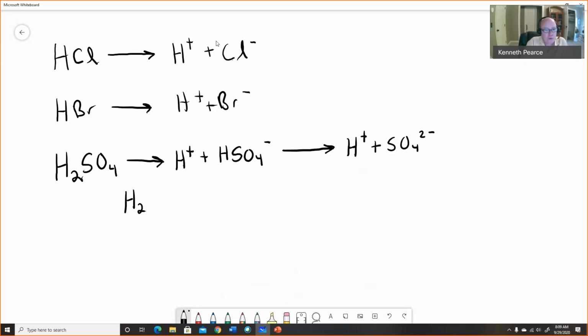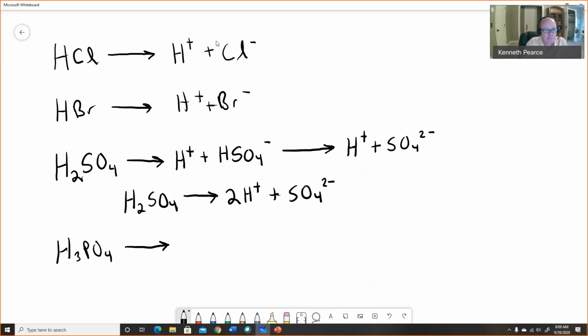Overall, many times we'll write this like this. We say H2SO4, sulfuric acid, will dissociate into 2 hydroniums or protons plus the sulfate ion. And we can also say, let's say for phosphoric acid, H3PO4, those hydrogens come off one at a time, just like with the sulfuric acid, but we can write down that it is 3 H pluses that come off plus the phosphate ion.